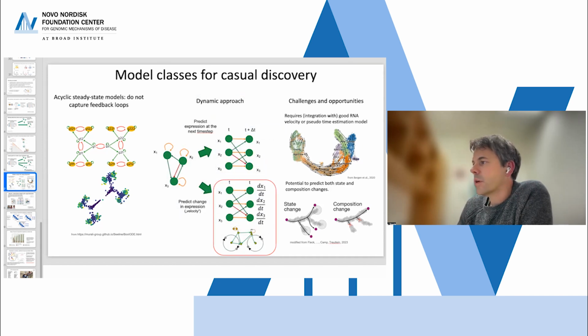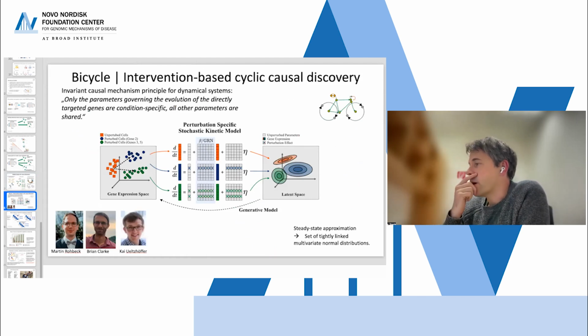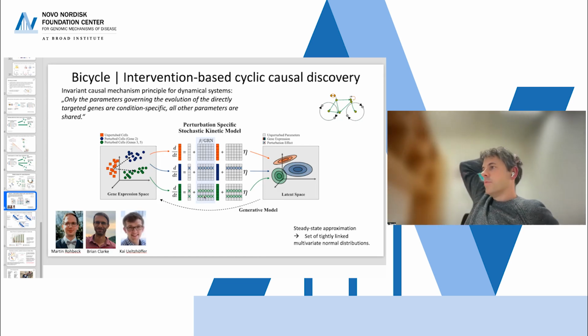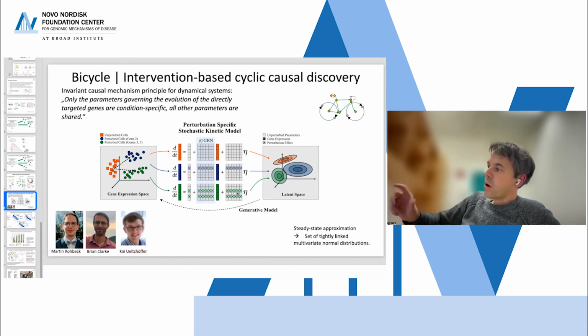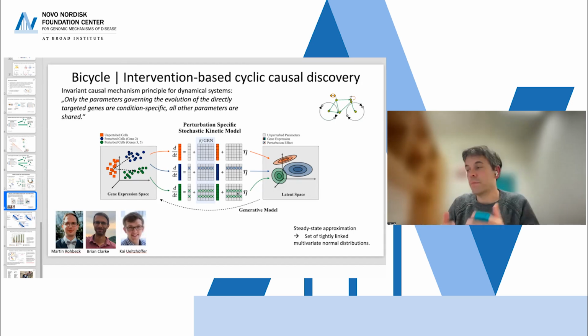So we have now some work that's submitted where we are using the structural equation model, but have additional information that tells you which is the perturbation. If you perturb a particular gene in a particular cell, the shared equation is actually really embracing this invariant mechanism principle that Caroline also mentioned earlier, where we assume we have the same dynamics that explains all the cells in the same way, shared across your whole population, except for these perturbations that we know, for example, where one cell has a single gene perturbation or a double gene perturbation, where this dynamic system is perturbed and not shared.